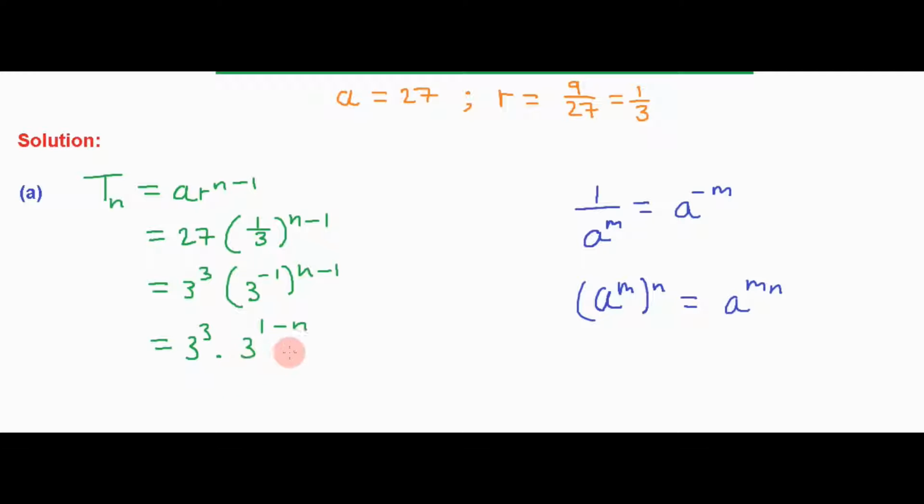We can now add the powers because we are multiplying and the bases are the same. 3 plus 1 is 4. So we get 3 to the 4 minus n. And this is in simplest form.